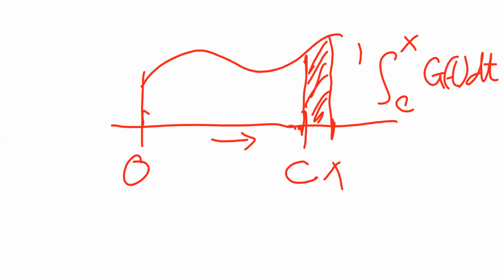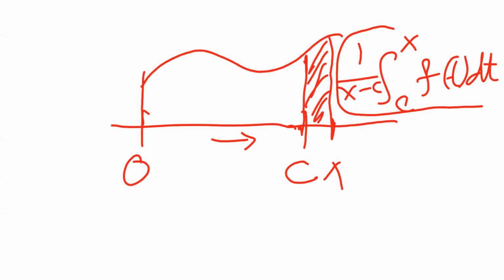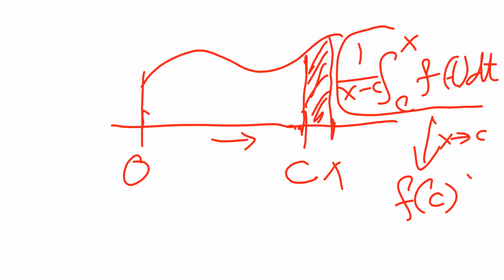What you want is to divide this, and then you have to show that this converges to F of c as x goes to c. Is this clear? Do you have any questions?